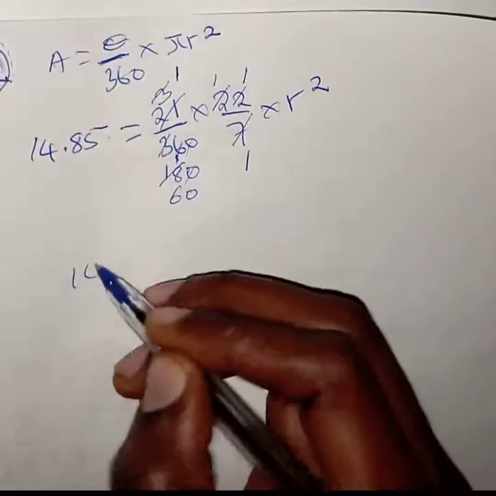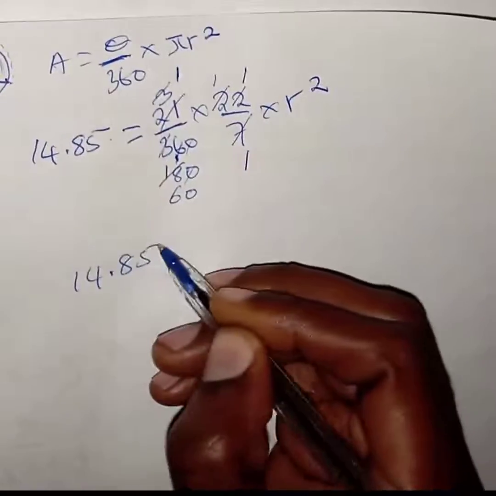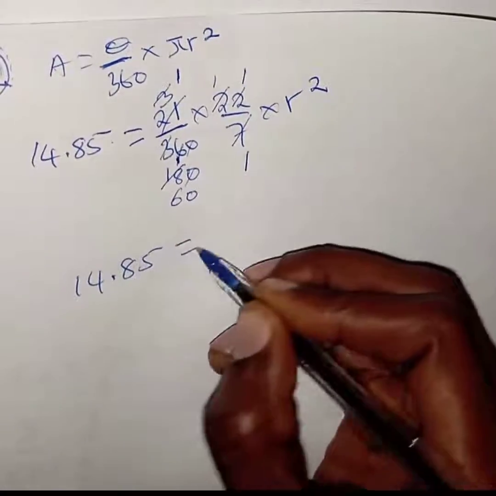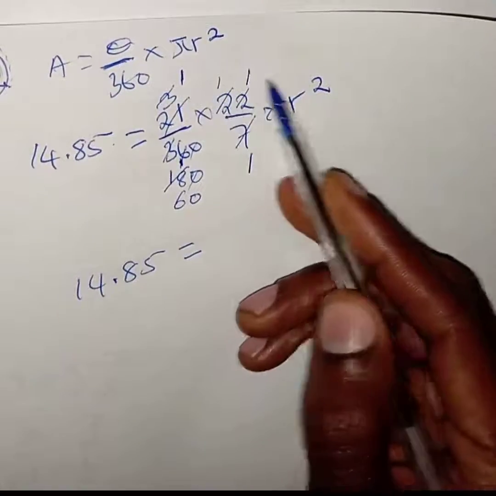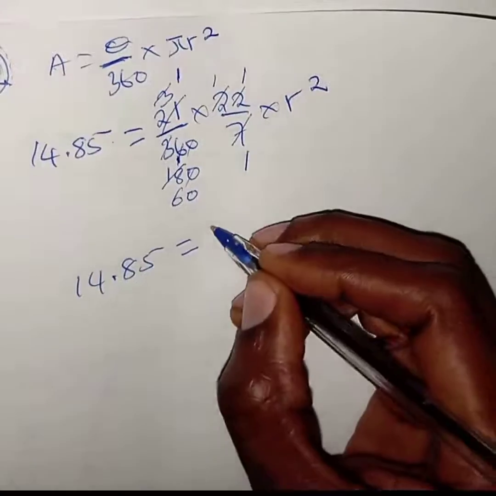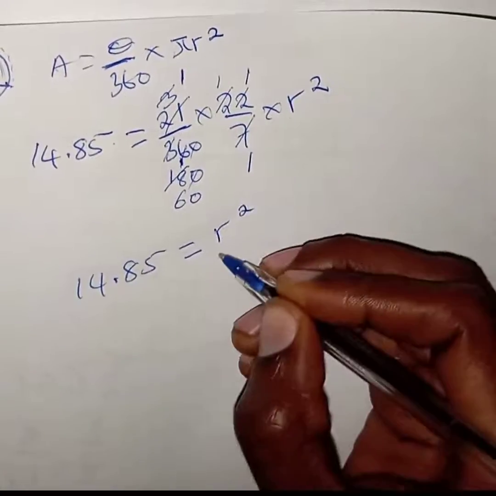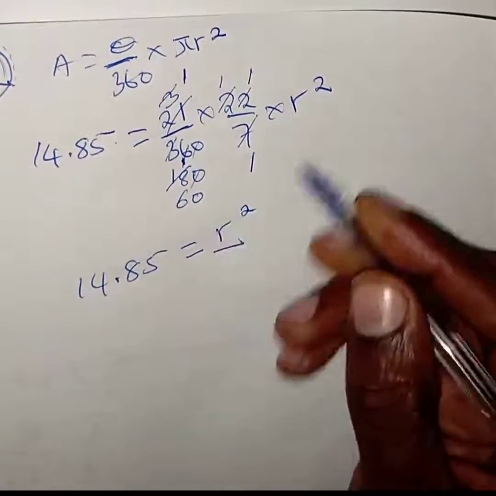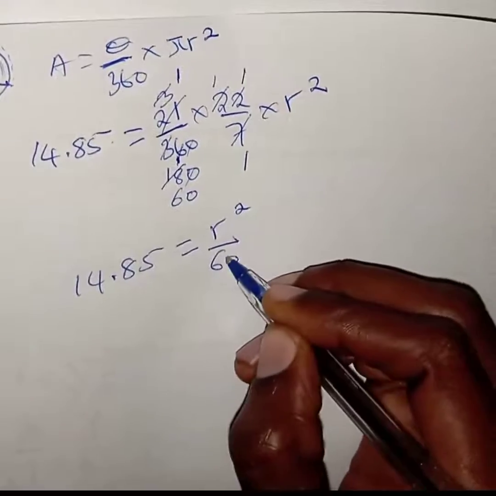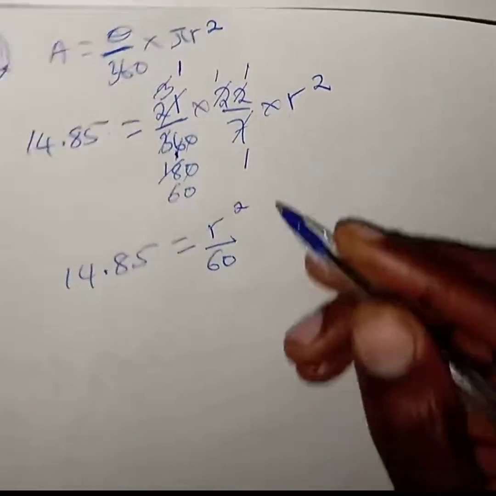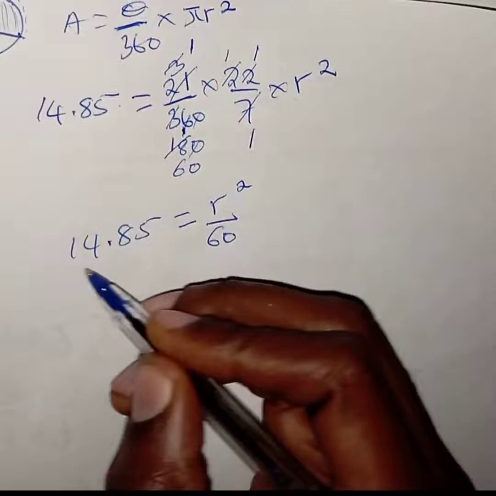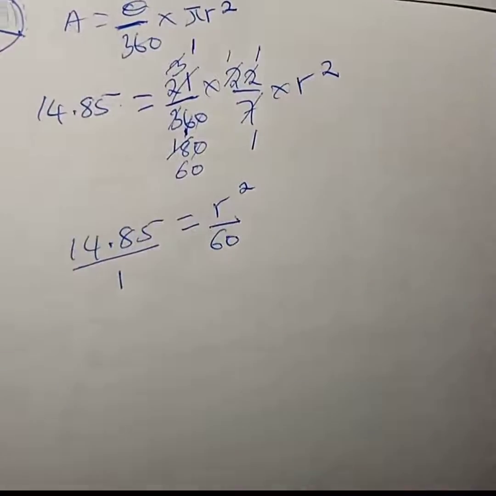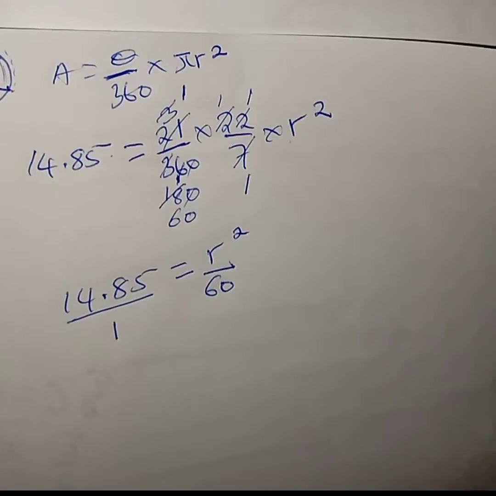So we have 14.85 is equal to 1 times 1 times 1 times r squared. You have r squared remaining. 60 times 1, we have 60 remaining. So since there's a fraction here, even here you can make it a fraction by dividing with a 1.